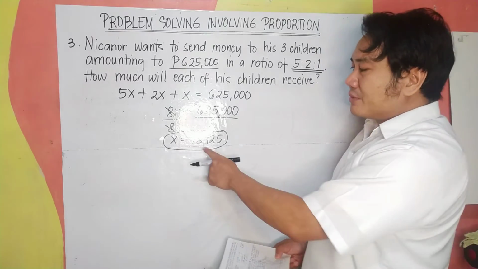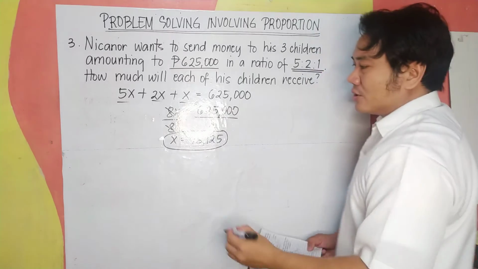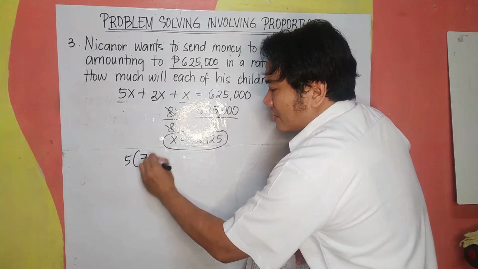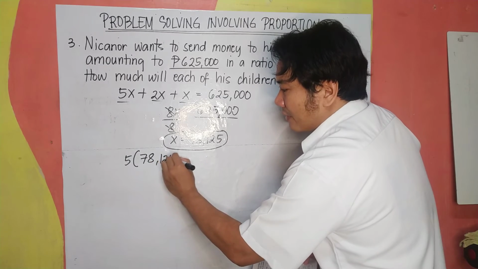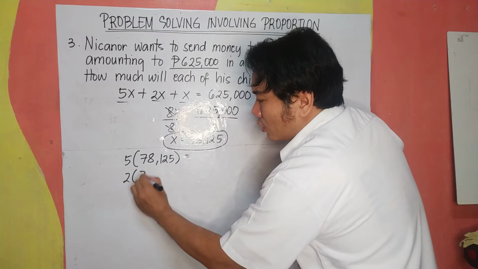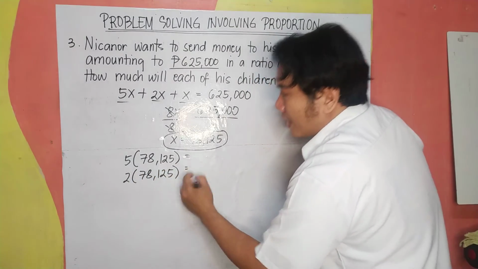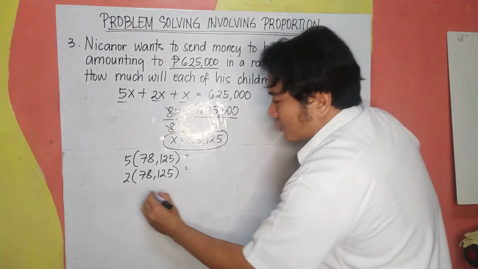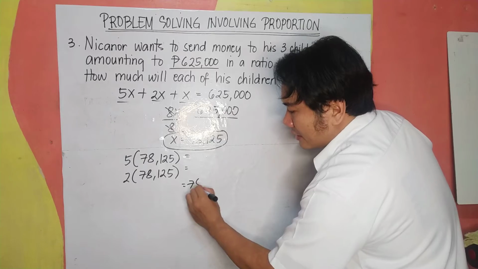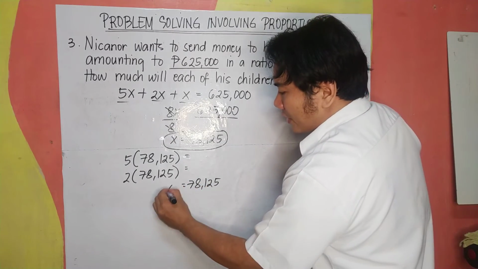We are going to substitute the x to the individual ratio. So for 5x, that would be 5 times 78,125. For 2x, that would be 2 times 78,125. And then, since x lang naman yan, as it is na siya, dito na natin ilagay 78,125.